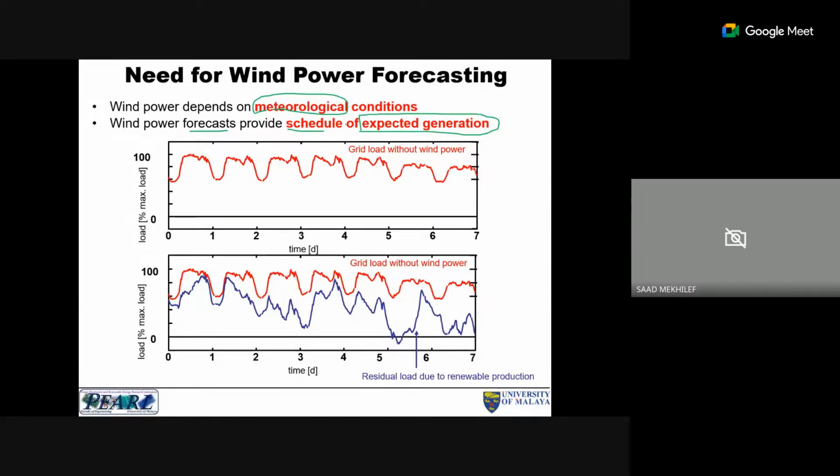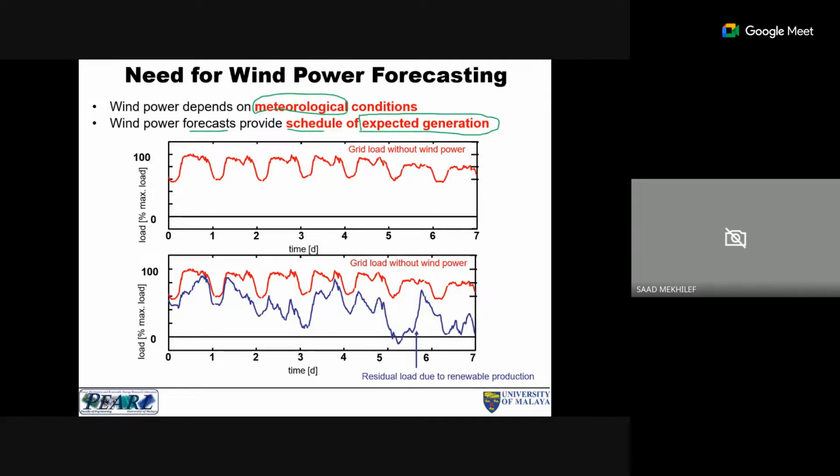So you have two extremes: something which is uncontrollable, that you have no control of, and then you want an expected, specific amount of power generation from the wind turbine. So you're looking for something specific from something that is not specific and not controlled.